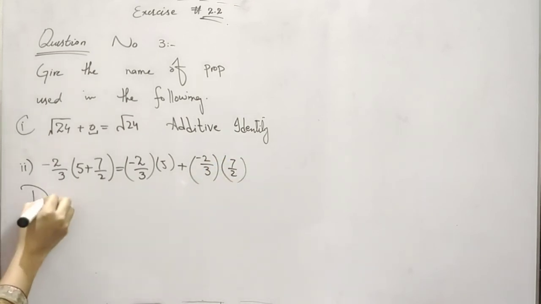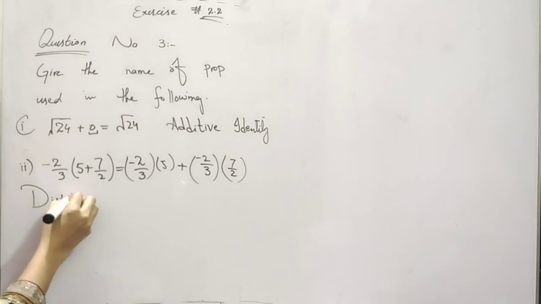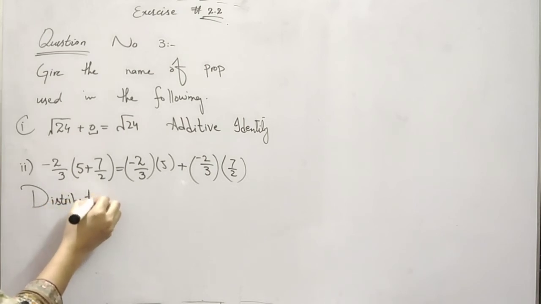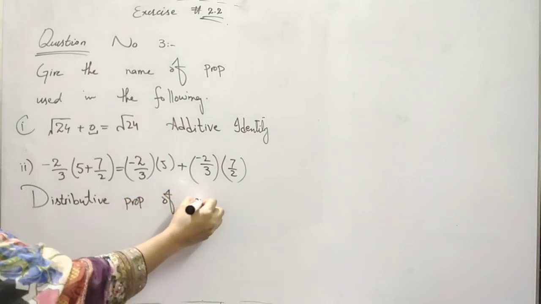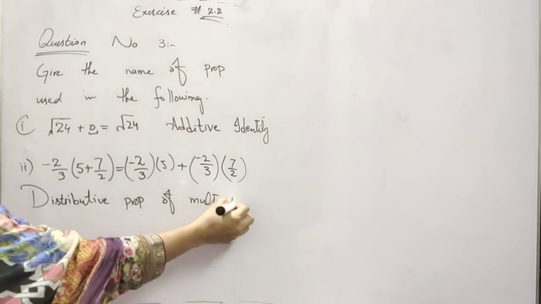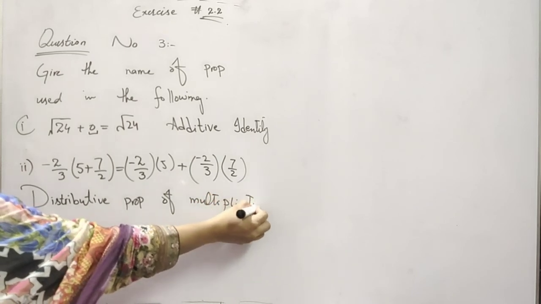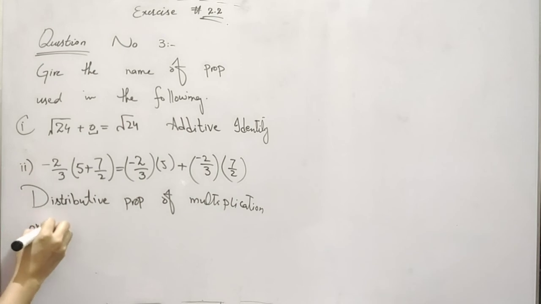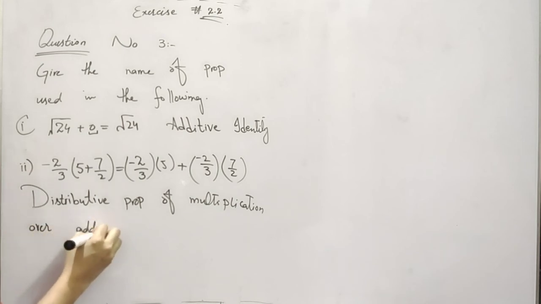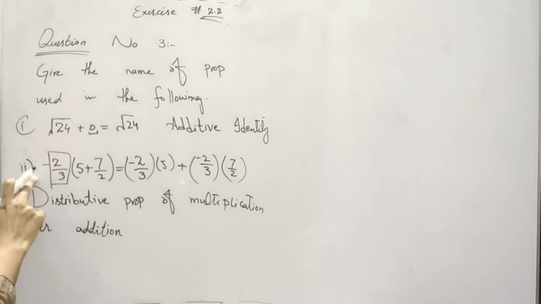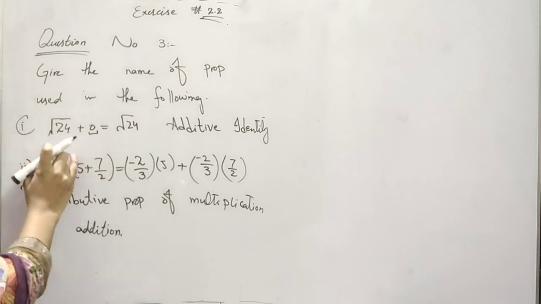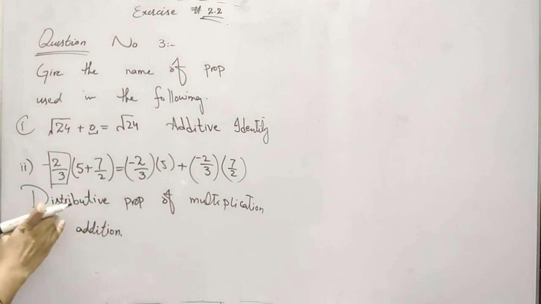This is the distributive property of multiplication over addition. Okay, we only distribute minus 2 by 3. First minus 2 by 3 multiplied by 5, then minus 2 by 3 will be multiplied by 7 by 2, and this is the distributive property of multiplication over addition.